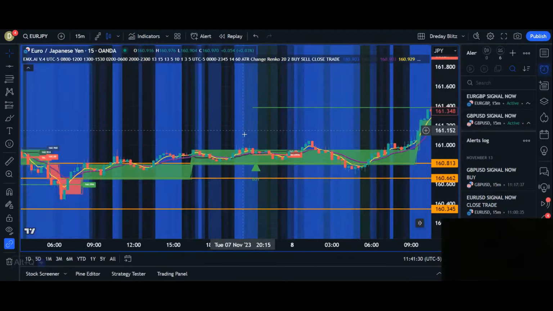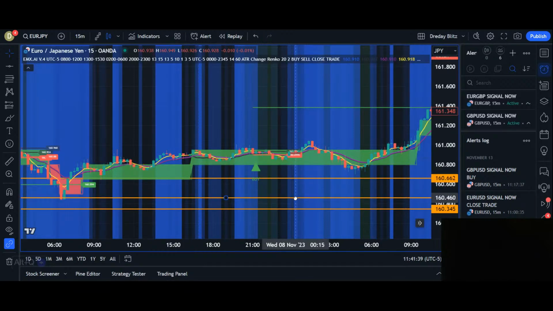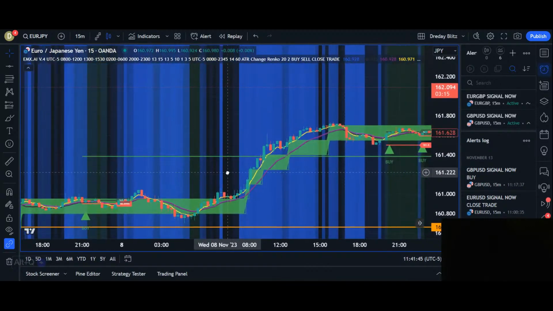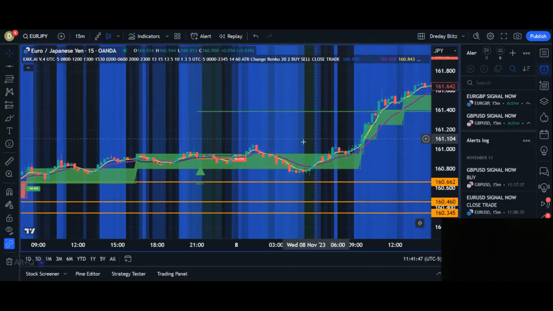You put your stop loss at the previous Renko open, so that'll be this one right here, and then you wait until the market switches color. So you'll be in that trade here at 9:15 on Tuesday.